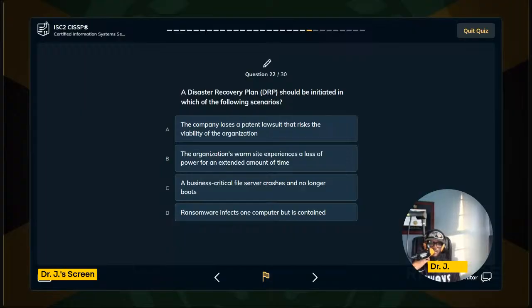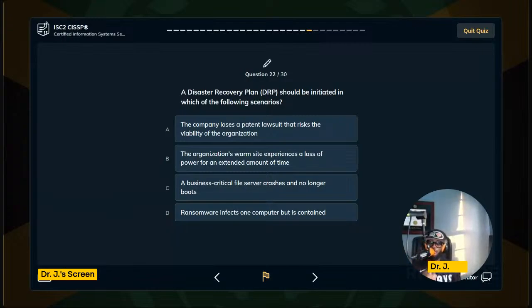No. Business critical file server crashes and no longer boots. I think that would be one. Which is the other one? Ransomware affects one computer but is contained. No. So I could eliminate Delta. I could eliminate Alpha. An organization's warm site experiences a loss of power for an extended period of time, but it's still your backup site. So I think you'll be okay.